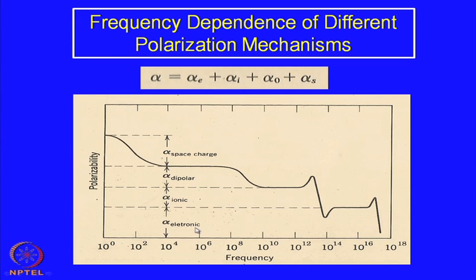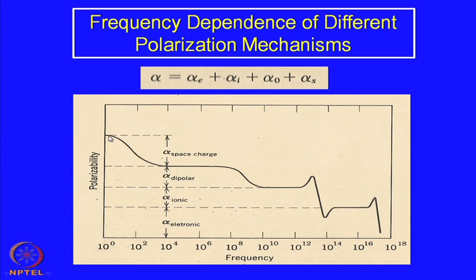The slowest process of course is the space charge. So, it can respond only for a low frequency. So, if you increase the frequency, the space charge will not be able to respond. So, there will be a plateau.